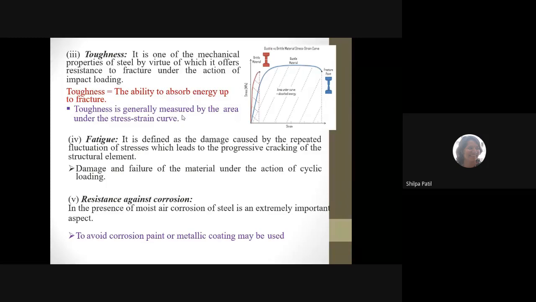But once it starts we cannot stop it, that is for sure. So this is again a very important parameter for steel. It may not be after 10 or 15 years, but some day in its lifespan, it will definitely corrode. So we have to take care about the corrosion of the steel parts.